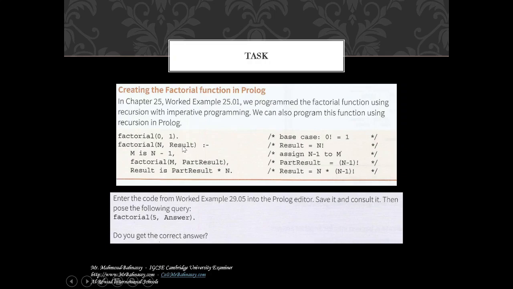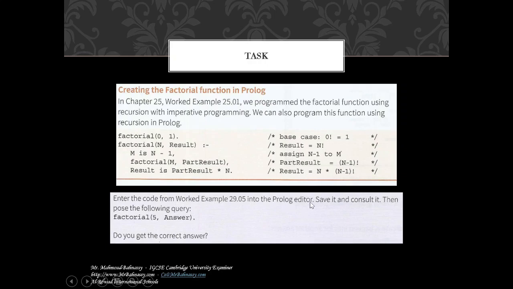That means the result is equal to factorial n, if n minus 1 is equal to M. That means we assign the value of n minus 1 to M, and the part result is equal to factorial M, which is already n minus 1, and at the same time result is equal to n multiplied by part result, which is already equal to factorial of M, which is n minus 1.